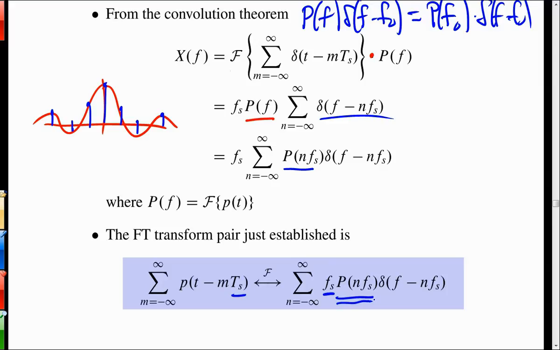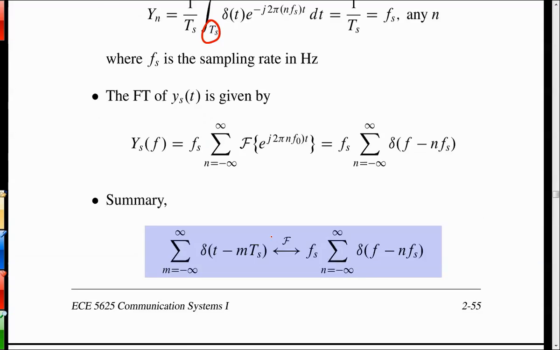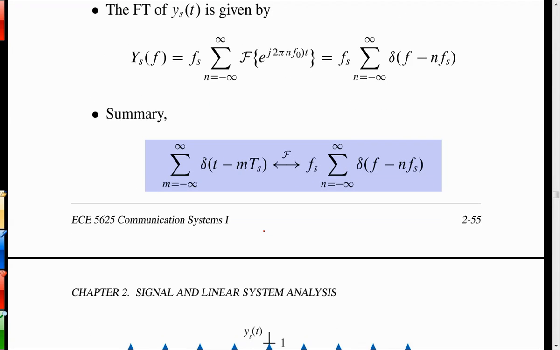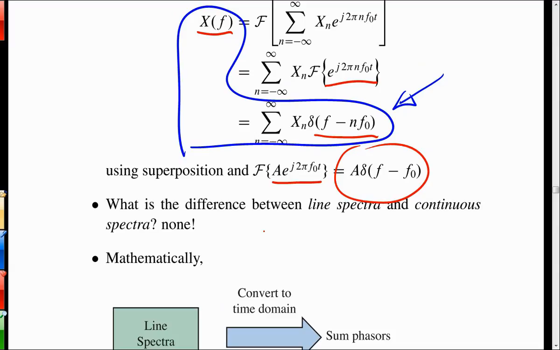I'm going to show you that in a second. Because if you keep your eyes focused on this for a second, this right-hand side of this transform pair, and then if I was to scroll up the page and go back to this, not this, but this garbage I've got to get rid of.